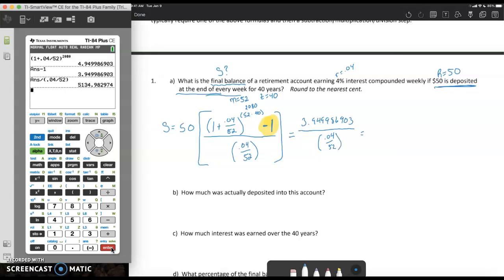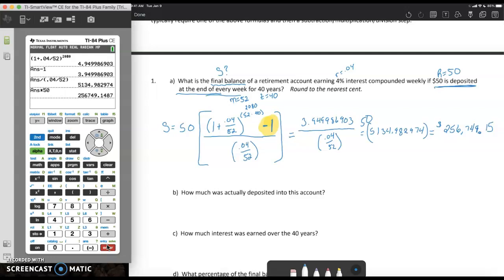And at this level I get 5,134 and a bunch of decimal places. 0.982974. And then I have to multiply that by 50 to finish it. So let's see, my final answer is $256,749.15.